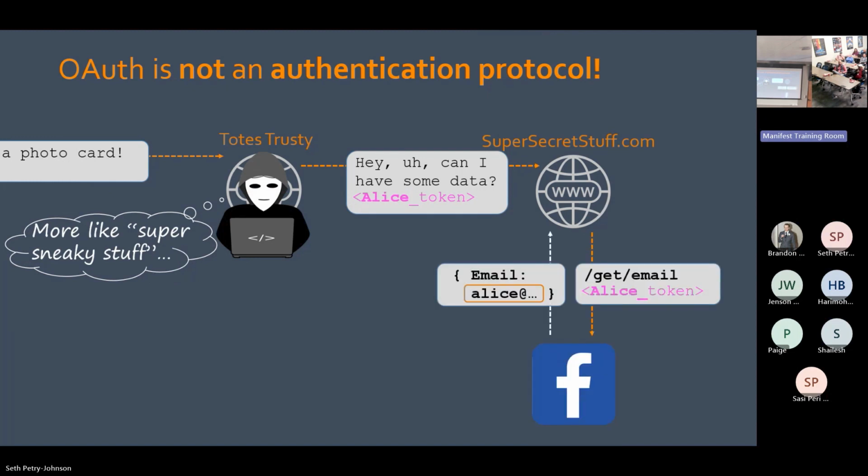I'm going to call Facebook. Ooh, look, I have Alice's email address. If Alice has an account here with that same email, and they let her log in with it, then they've essentially allowed Totally Trustworthy Photos to get access to her data at the other site.